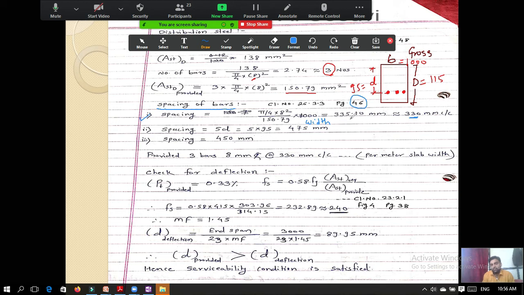We got the spacing 335.10, but always remember that while rounding the spacing, you should always reduce the value, and while rounding the depth or the number of bars, you should always increase the value. As you decrease the spacing, the number of bars increases, so it will be on the safer side.